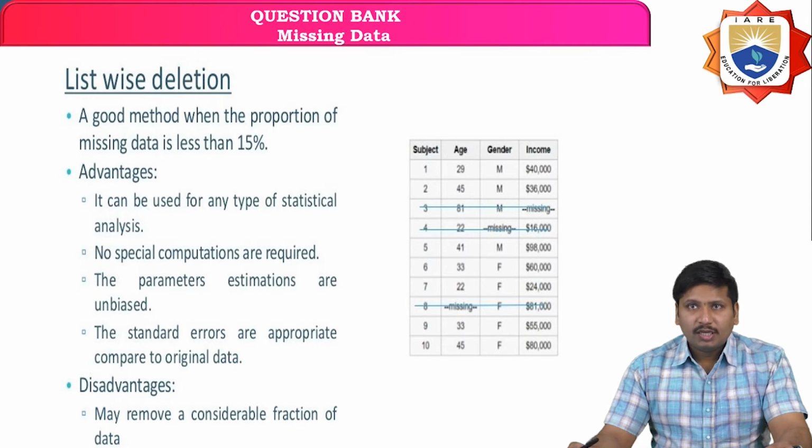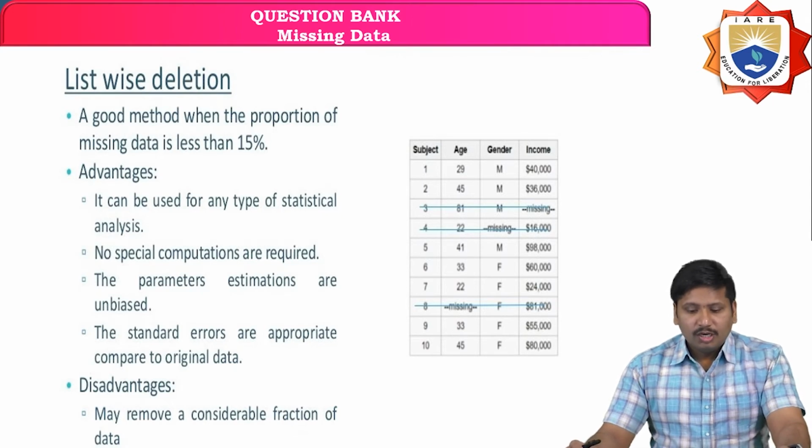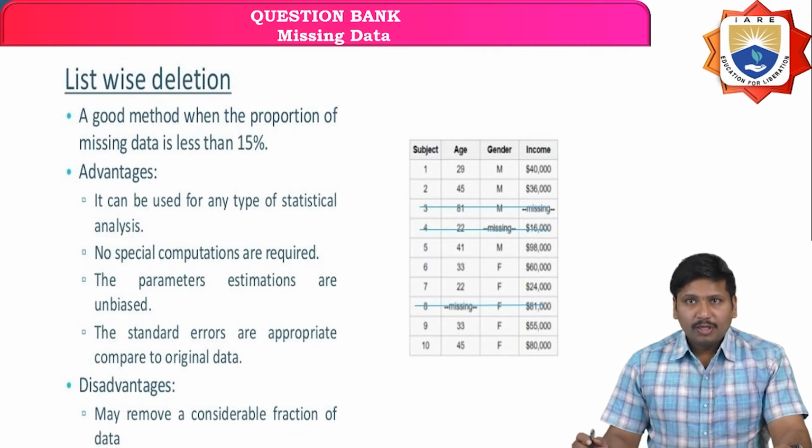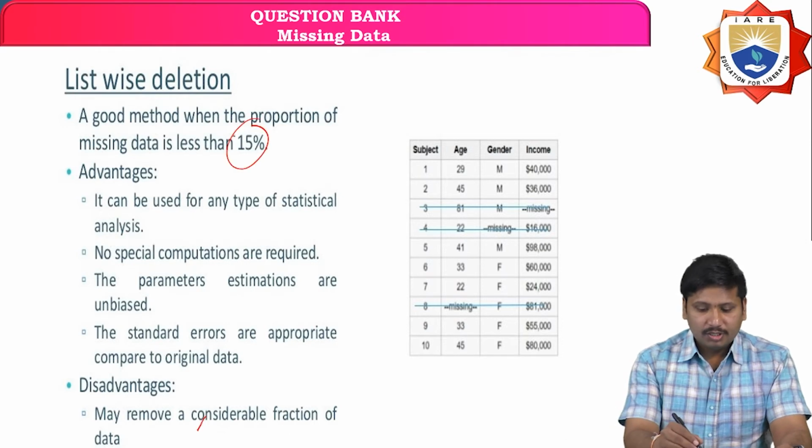The very first is list-wise deletion. This is a good method when the proportion of missing data is less than 15%.